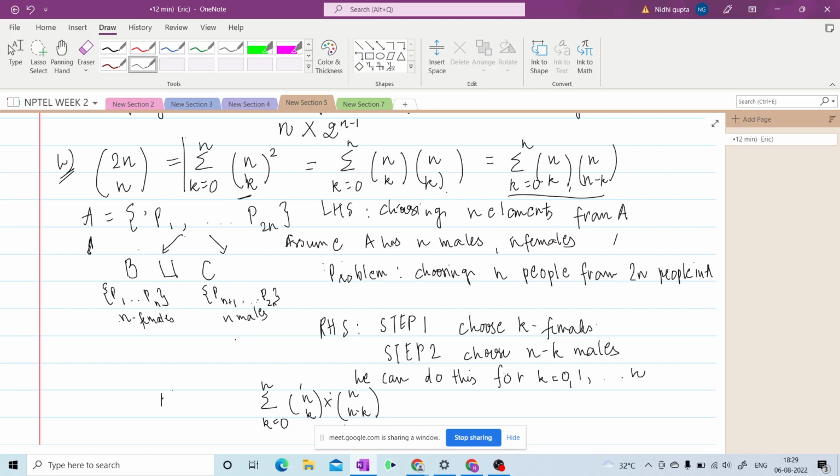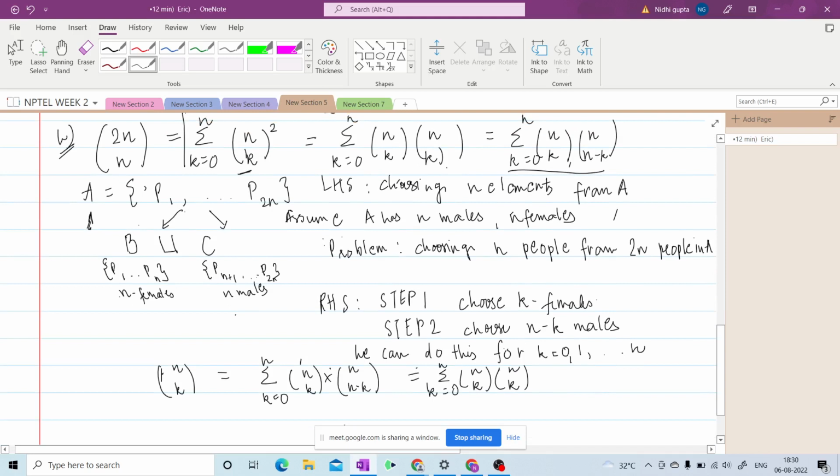We previously observed that choosing N minus K people from N people is the same as choosing K people from N people, because if we are choosing K people, we are leaving out N minus K people. So this is just N choose K. So we have proved our identity using a purely combinatorial method. Is it fine with everyone? Yes. Okay.